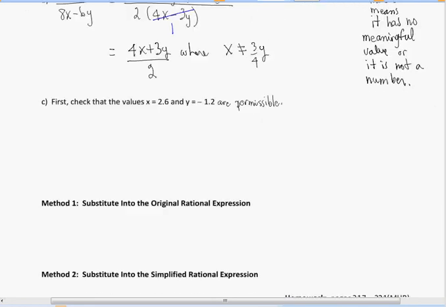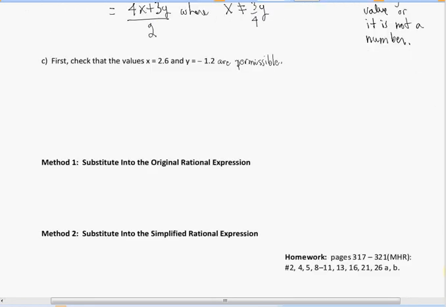Okay, part C. Check that the values x equals 2.6 and y equals negative 1.2 are permissible. So the first thing that we want to do is check to see if we can use those numbers. So we write down our non-permissible value.